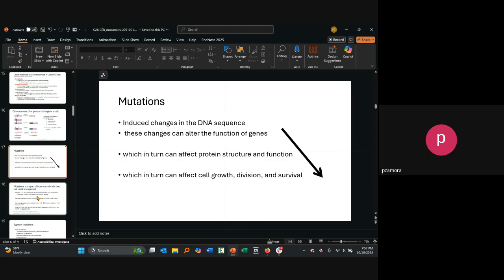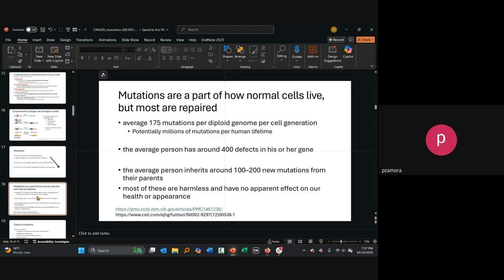And that, again, in turn, can then affect cell growth, division, and survival. So you end up starting with a very small change in DNA sequence that can even affect just one nucleotide, for example, and you can have a very rapidly cascading effect, ending up impacting cell growth and survival.